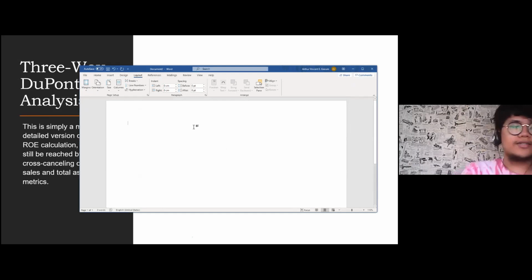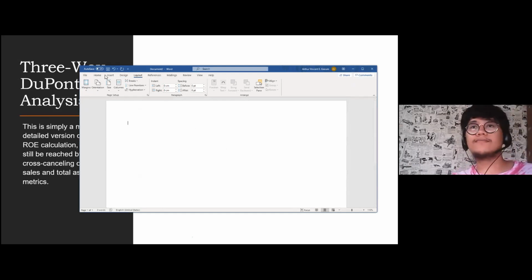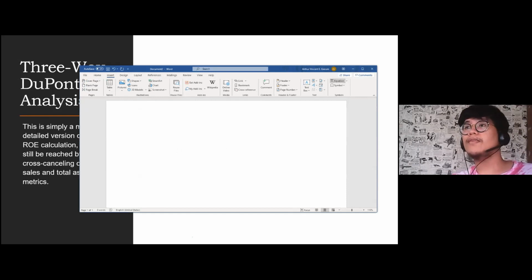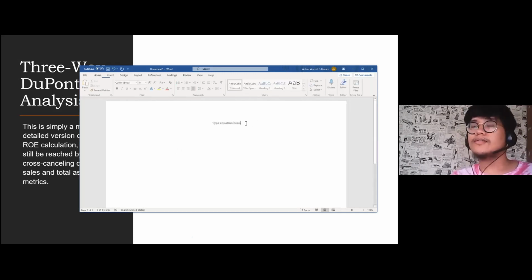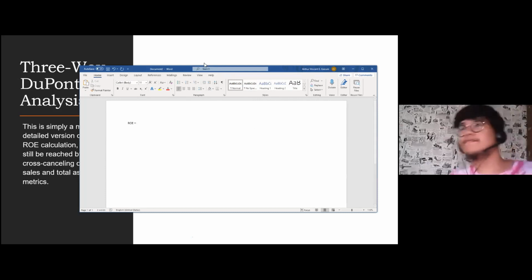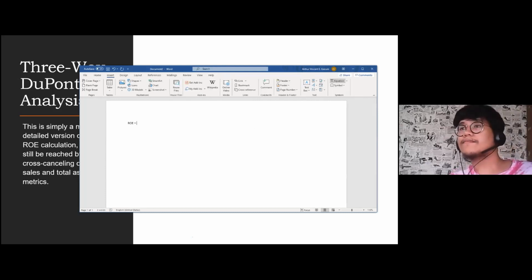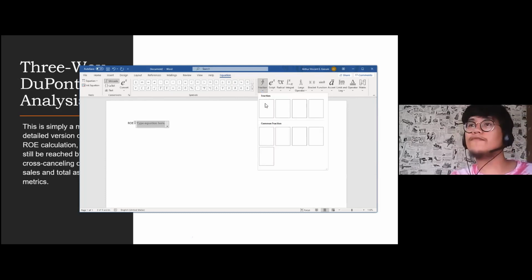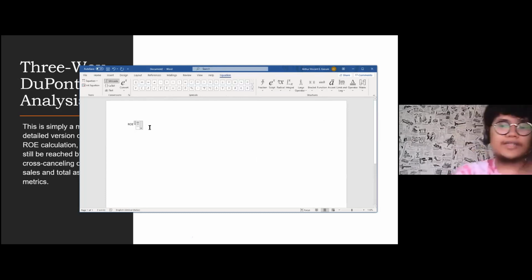Okay po. So, si ROE, ang initial formula ni ROE is your net income over your total shareholders equity, no?